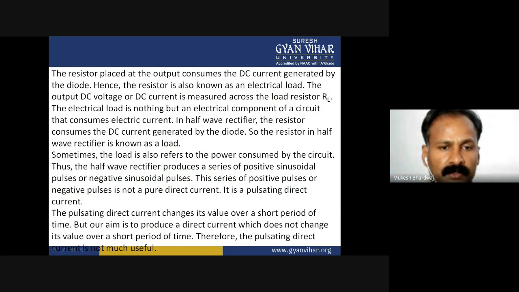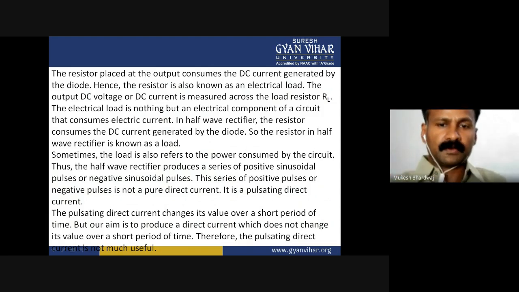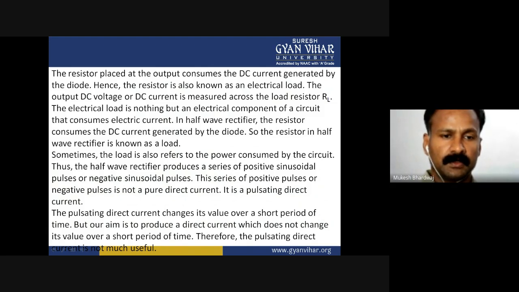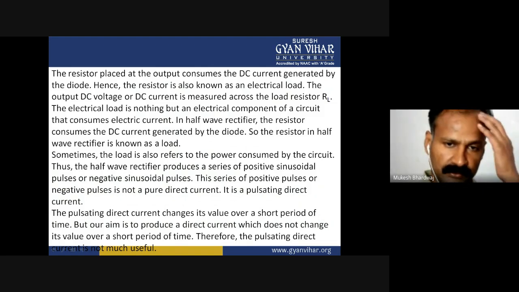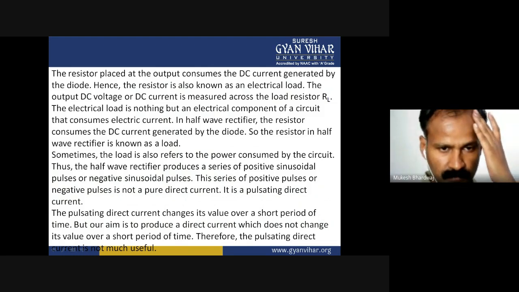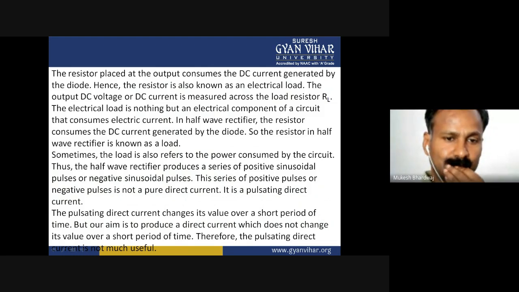The electrical load is nothing but an electrical component of a circuit that consumes electric current. In a half wave rectifier, the resistor consumes the DC current generated by the diode, so the resistor is known as the load. Sometimes the load also refers to the power consumed by the circuit.